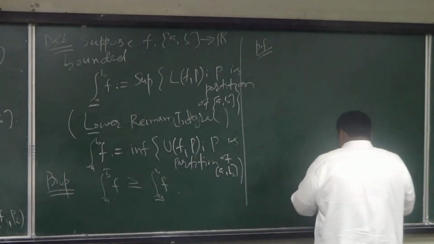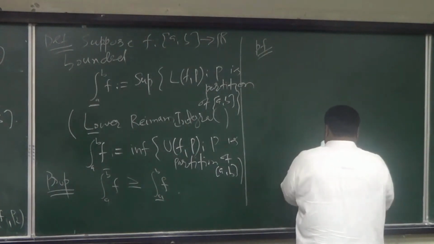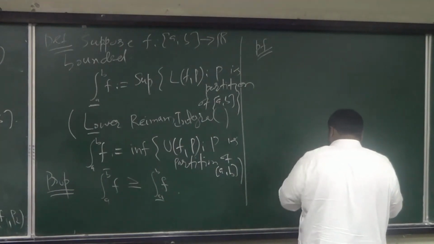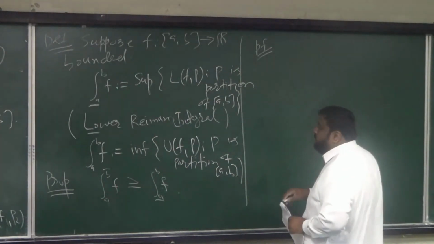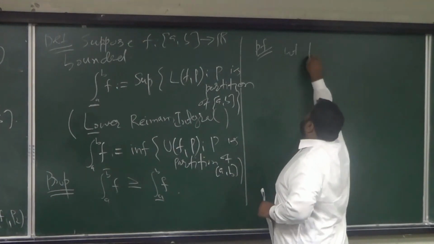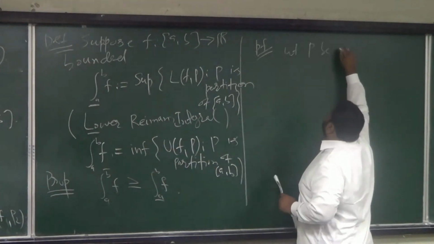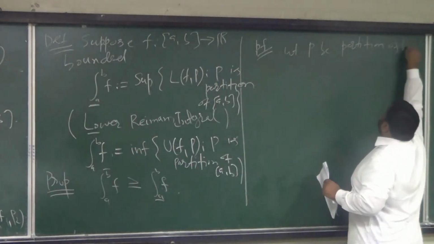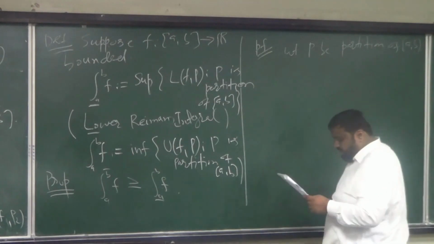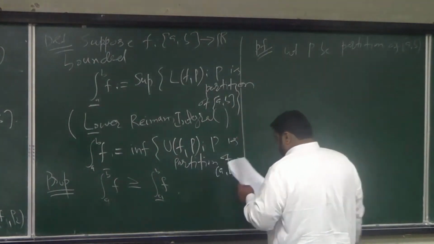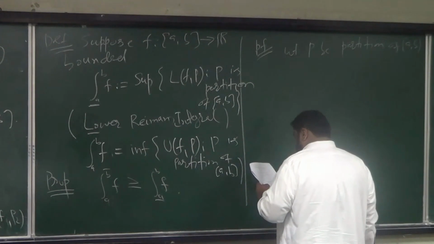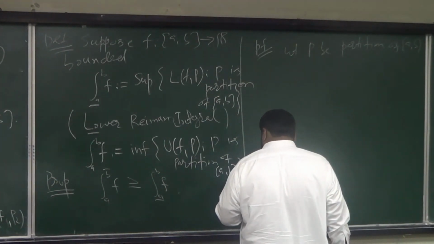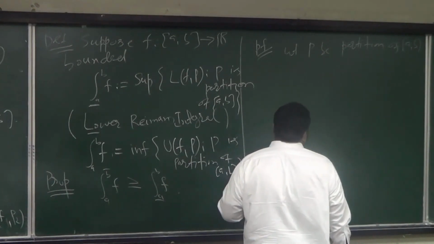So we are going to prove that P is a partition of [a, b].